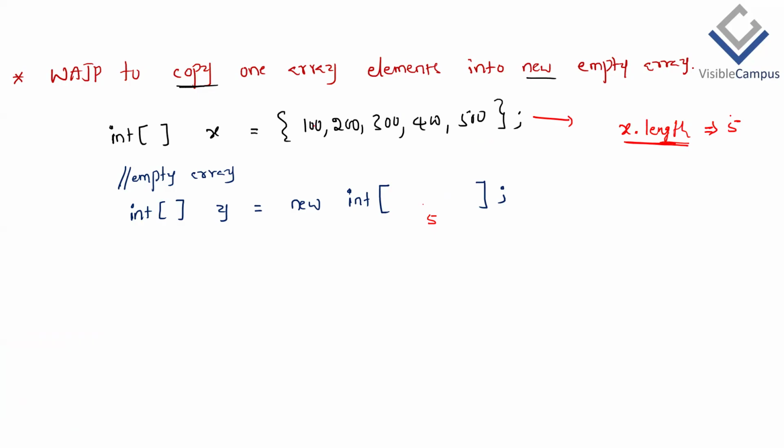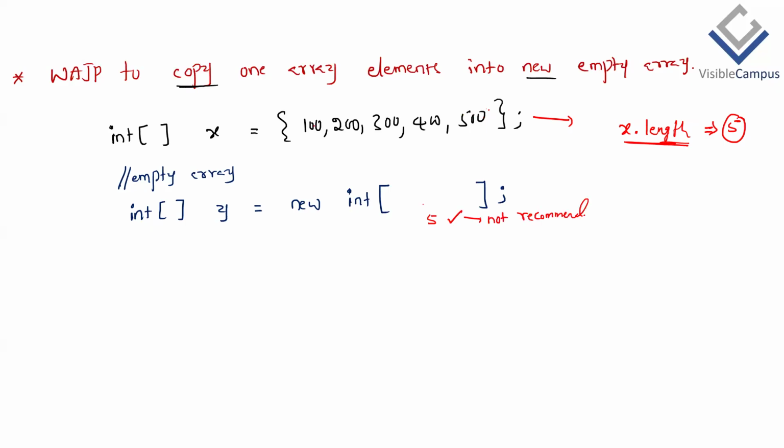Giving the value directly instead of the length property is not a recommended approach, because later if we add some more elements into this, then that will not work. Even though the direct number is correct, it is not a professional or recommended approach.